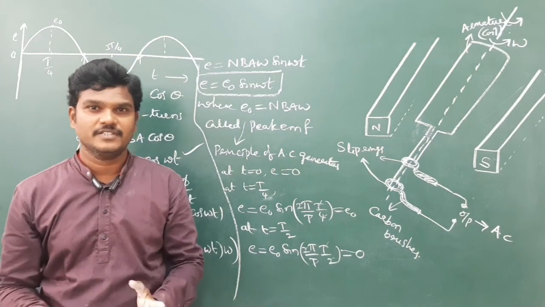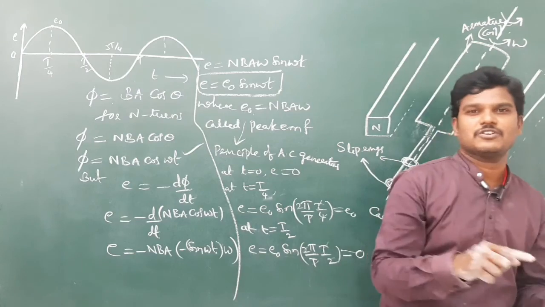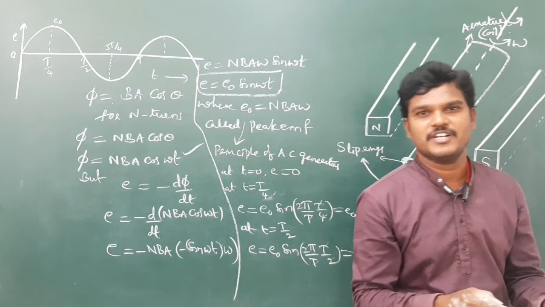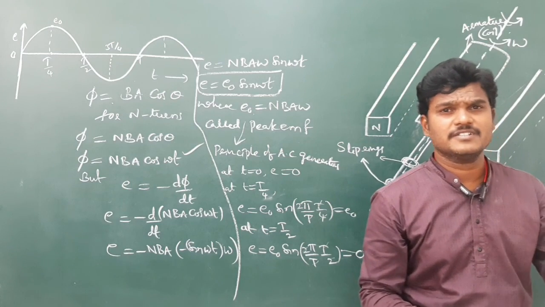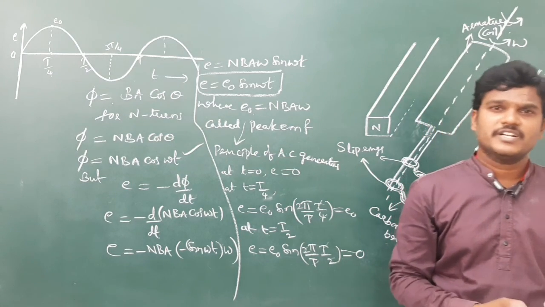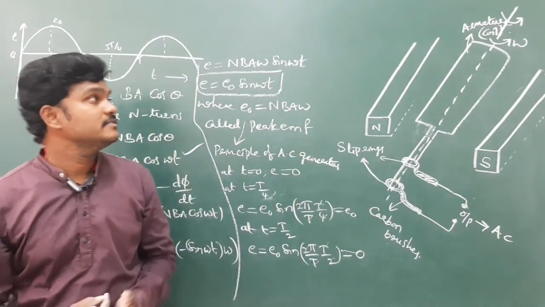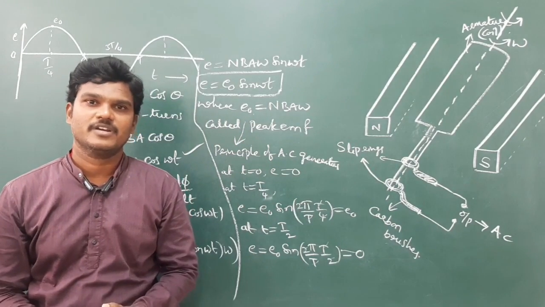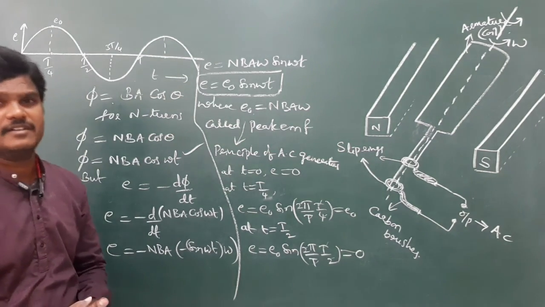Recall all these things; these are entrance level questions. Later we entered into self-inductance and mutual induction, and the last one is the AC generator. So these are the topics from electromagnetic induction.